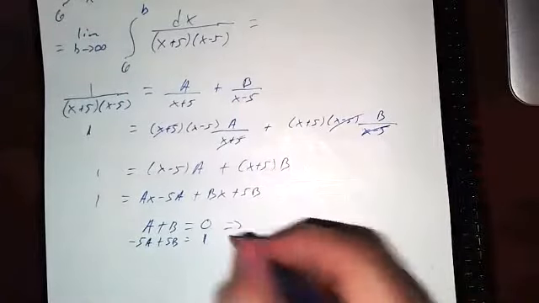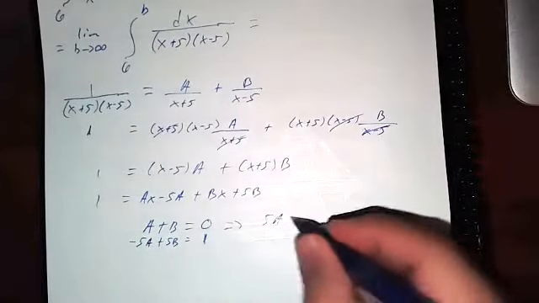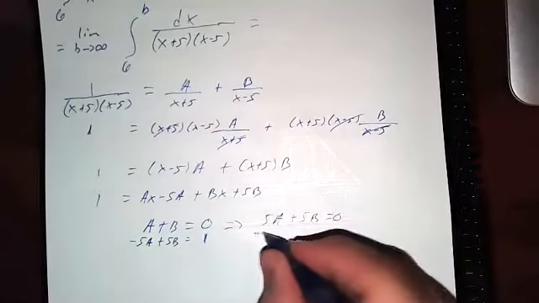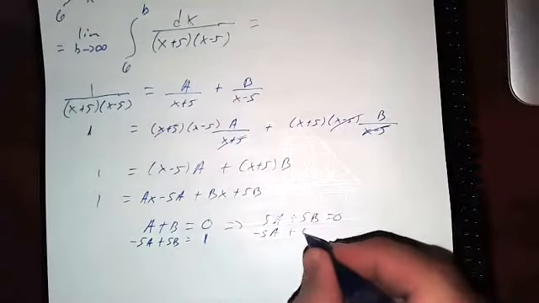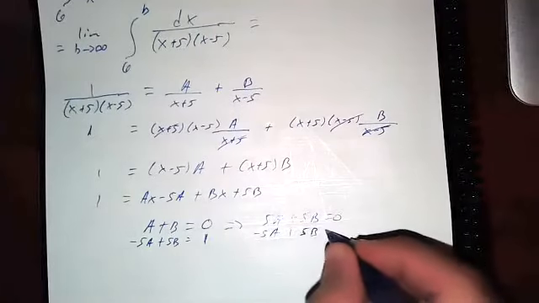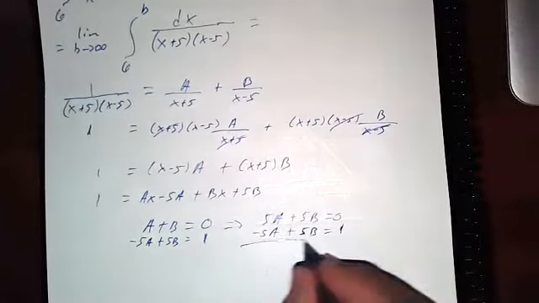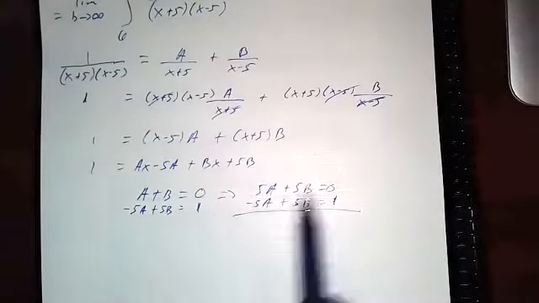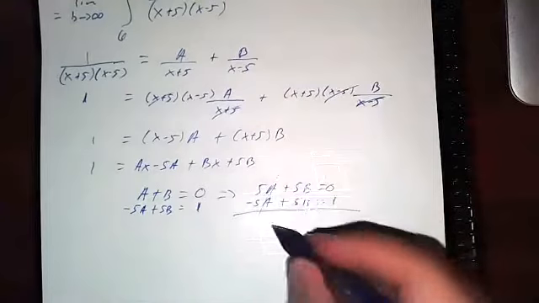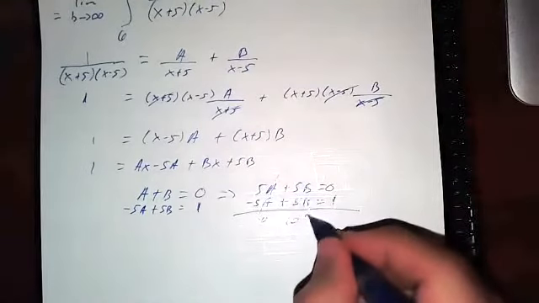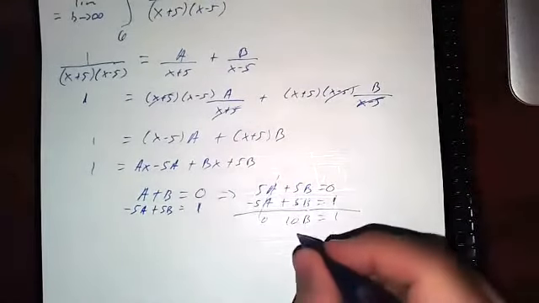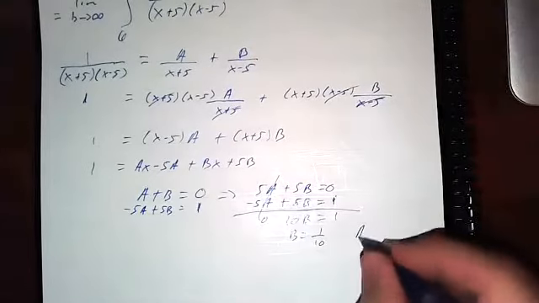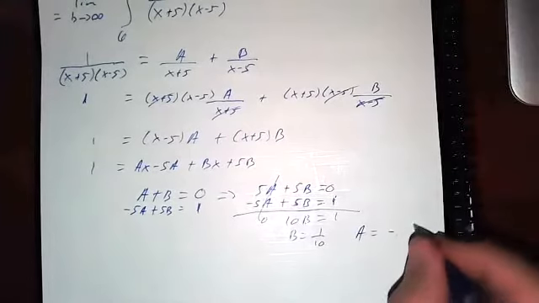Just because I'm lazy, I'm going to multiply the top equation by 5 and then add them together. Usually I do matrix, but this one's pretty easy, right? Since they're the same factor. So add them up, gives you a 0. Add these up, gives you a 10. So this gives you a 1. So B is 1/10, which means that A is negative 1/10, right?